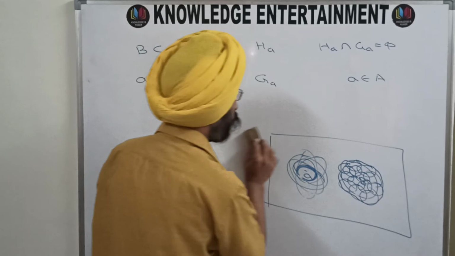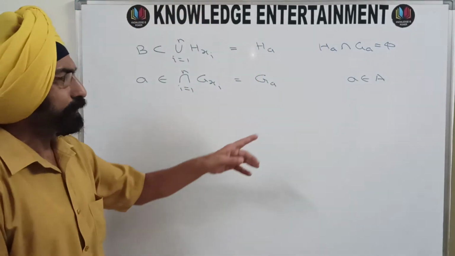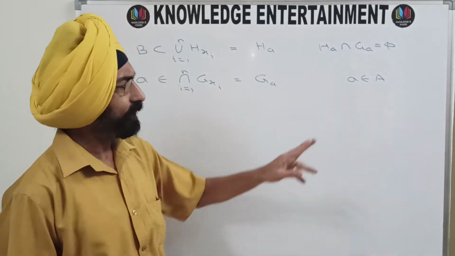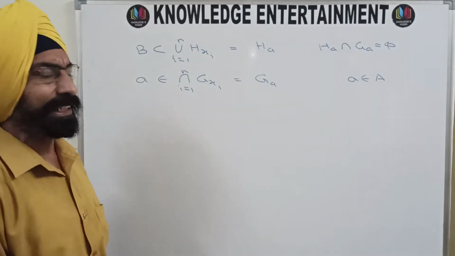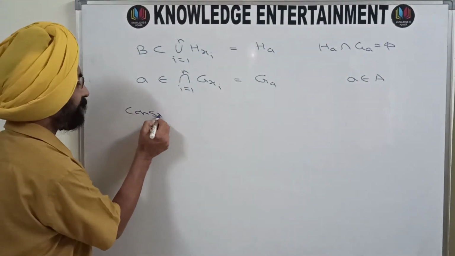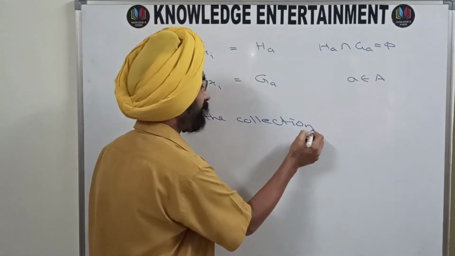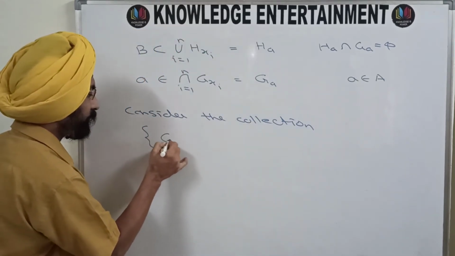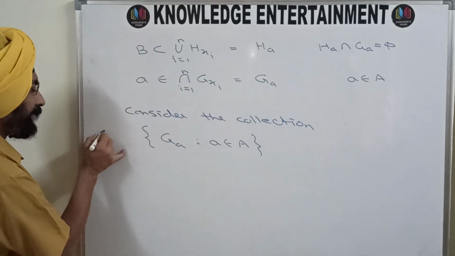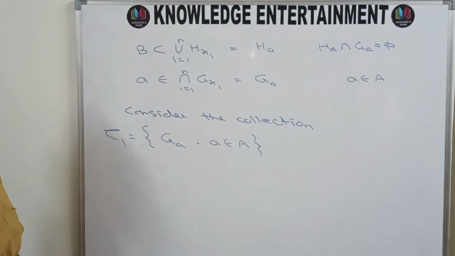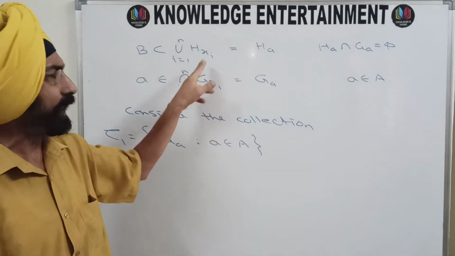Now, in the next step, you have fixed that element a. For every a belonging to the set A, there is a GA. Now collect all these GAs. So consider this collection, GA for every a belonging to the set A, and name it as C1. One more thing: each of these HXi's and GXi's are open sets.